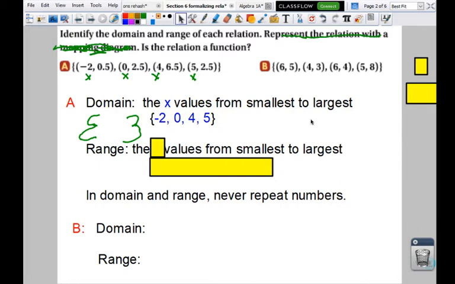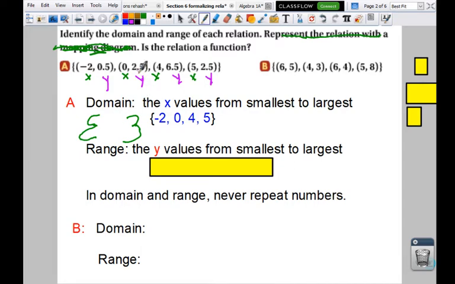And we're going to list our range, which is our Y values from smallest to largest. And when I do these, like I said before, you never repeat numbers. So if I'm going to look at my smallest Y, over here, I've got Y, Y, Y, and Y. My smallest Y is 0.5, right?